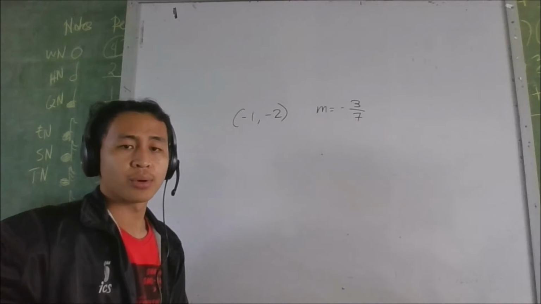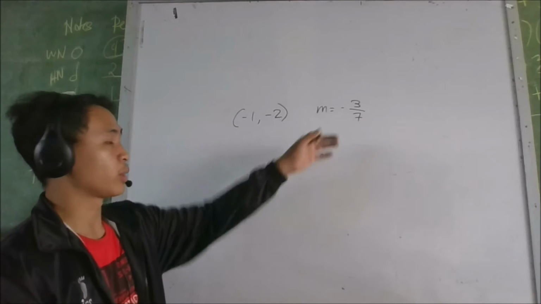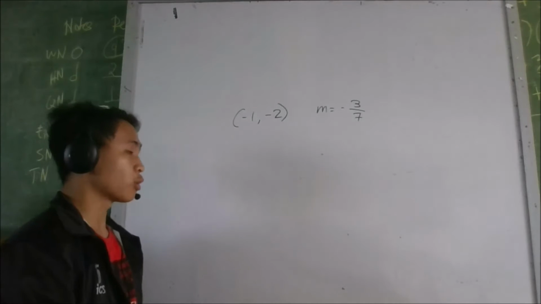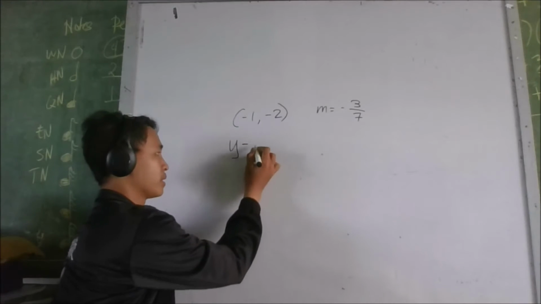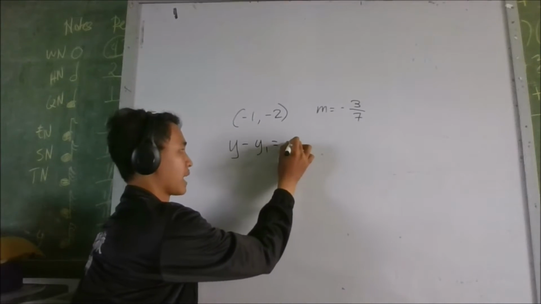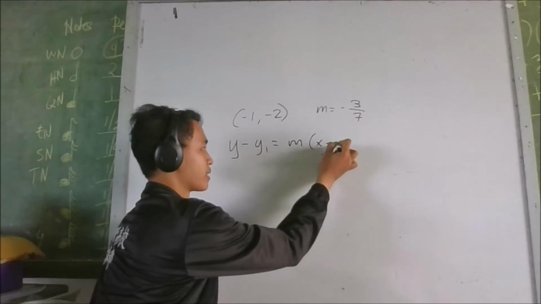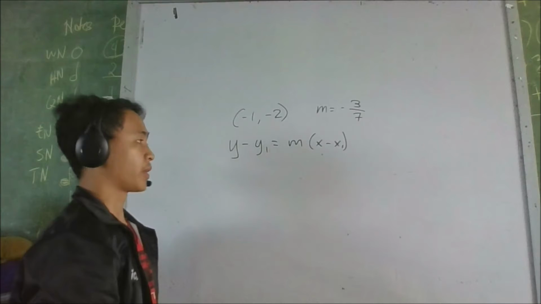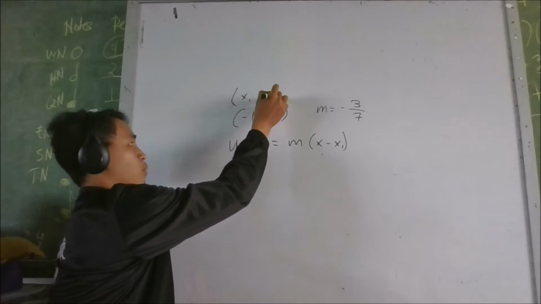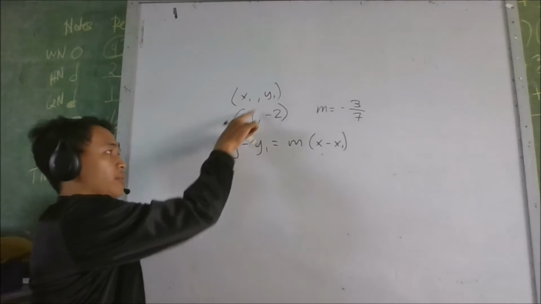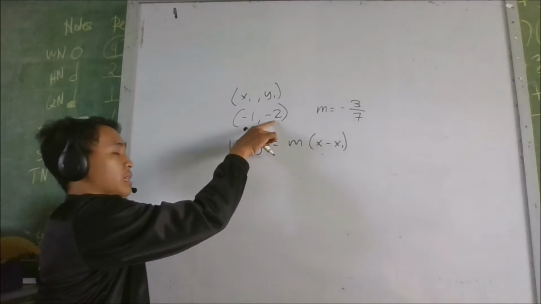So again, we have a given of 1 point and a slope. So gagamitin natin is still the point slope form, which is y minus y sub 1 equals m times x minus x sub 1. Okay? And then of course, this would be x sub 1, y sub 1. Bali yung x sub 1 natin is negative 1, y sub 1 is negative 2.